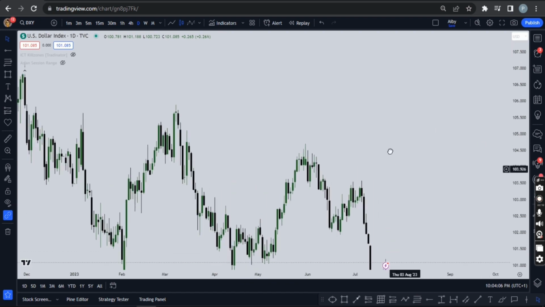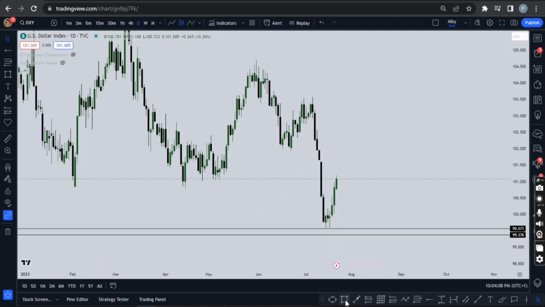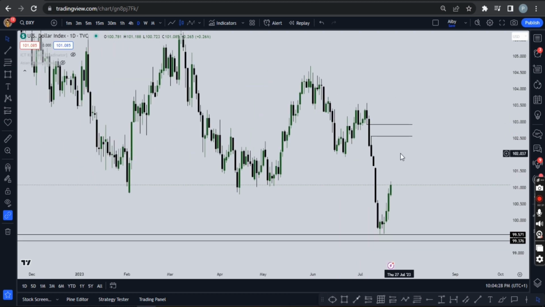Now on the daily time frame, we have this fair value gap here, and I use this to mark it out. We have this fair value gap on the daily time frame that I'm expecting price to at least push into.